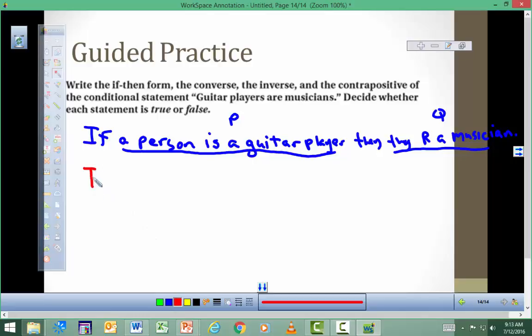If a person is a musician, then they are a guitar player, right?